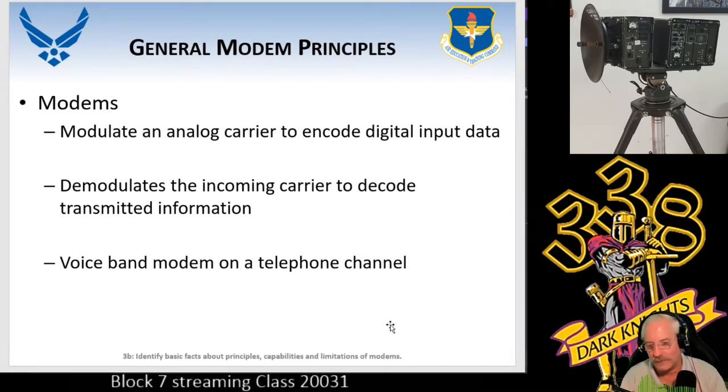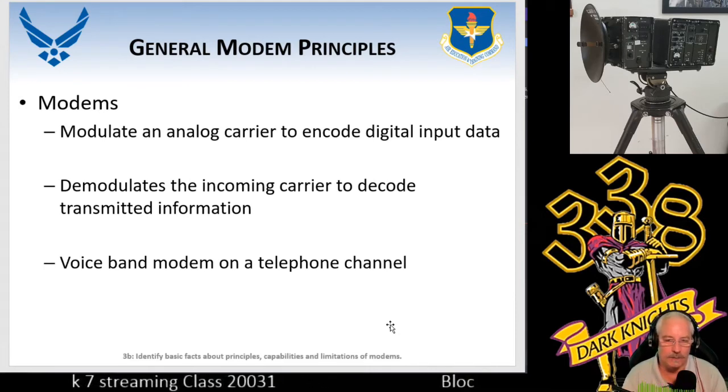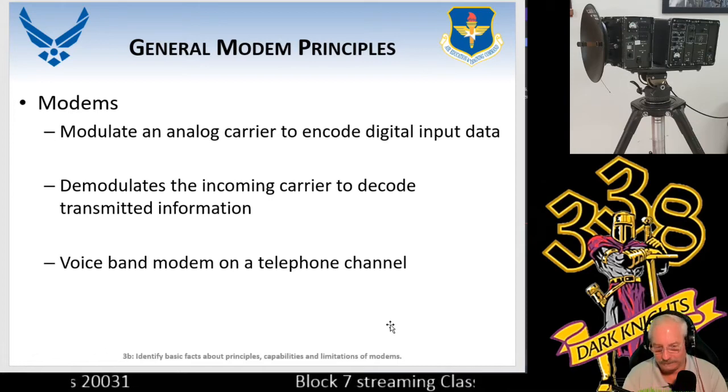So what is realistically a modem? It is easier to get a digital signal from point A to point B if you modulate it onto an analog carrier. You guys have been doing this, believe it or not, with the PRC-150.